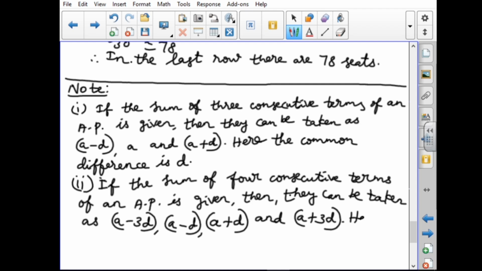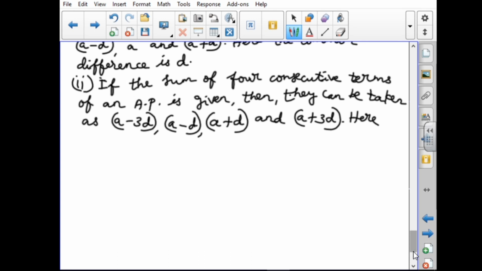Here the common difference is 2d. See the first note, the three consecutive terms of an AP are a minus d, a and a plus d.